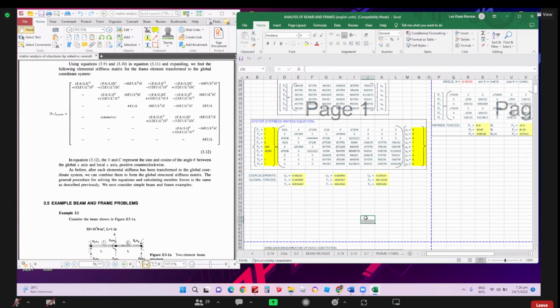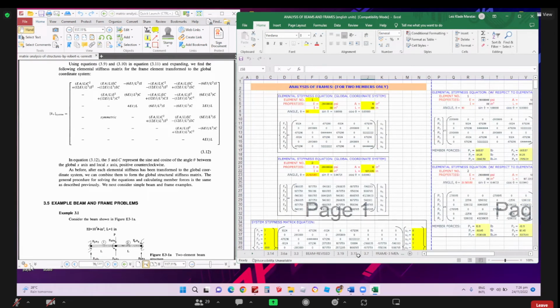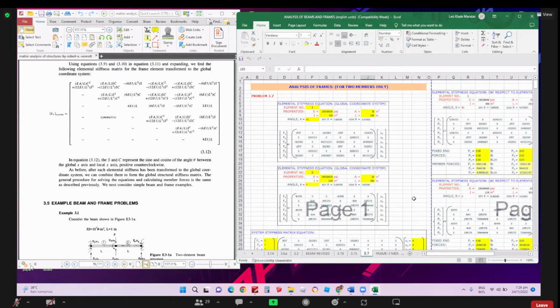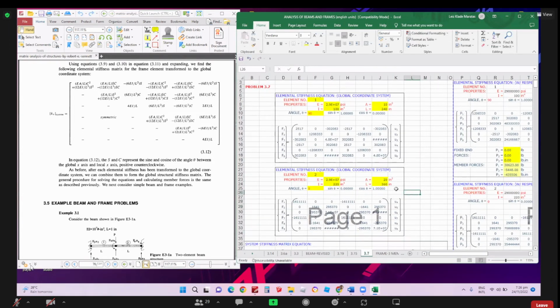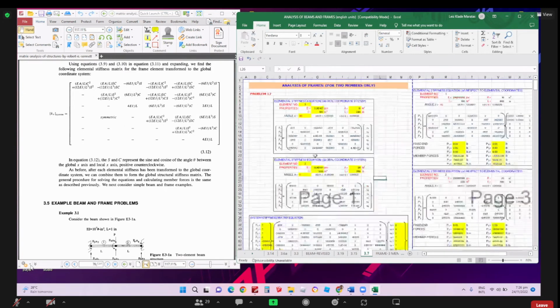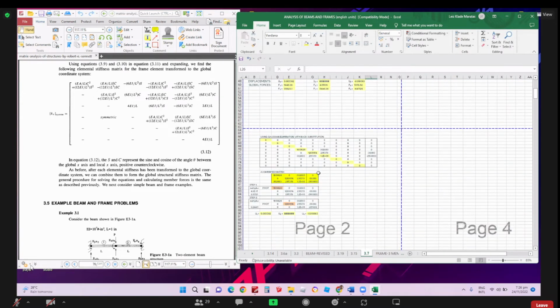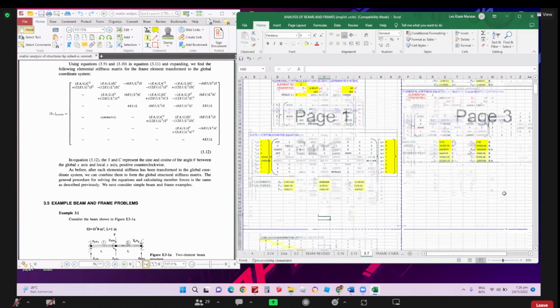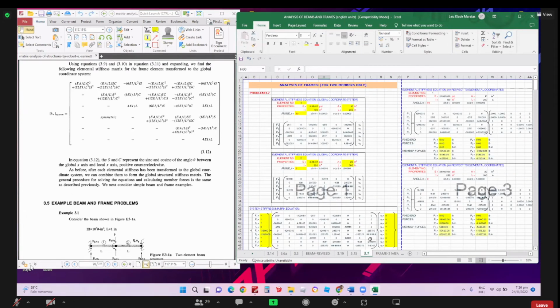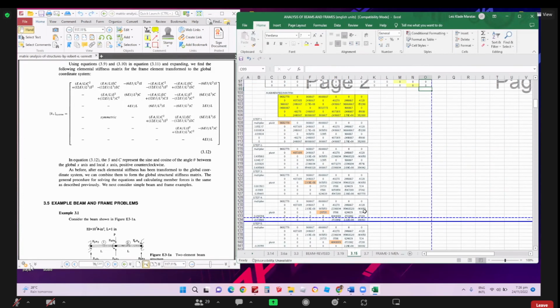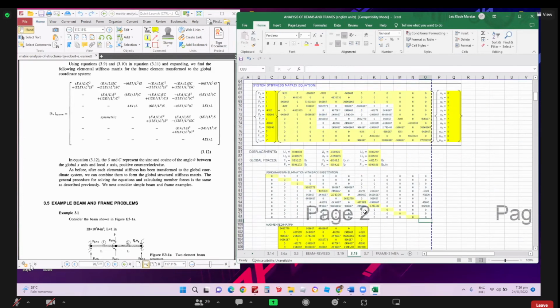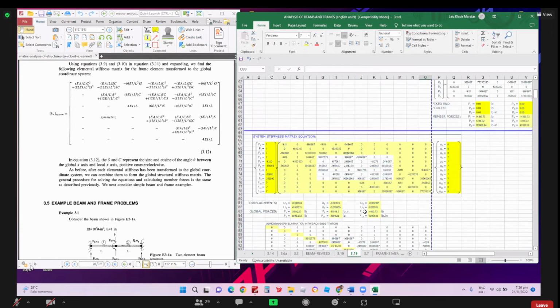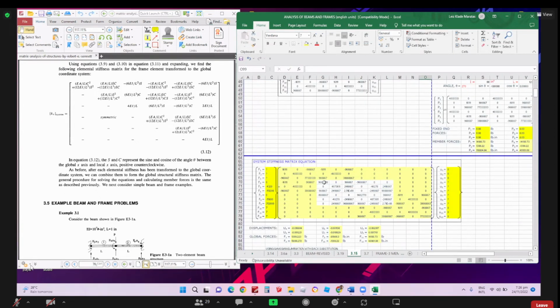So, what you will do is use the program: the stiffness, then you reduce it by applying the conditions.